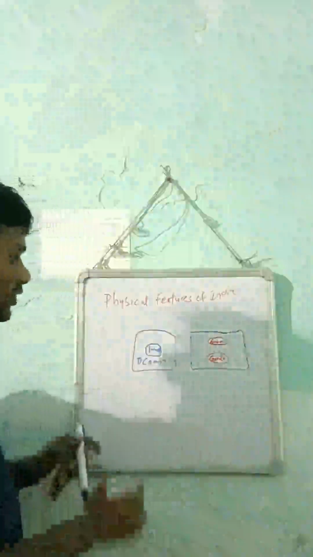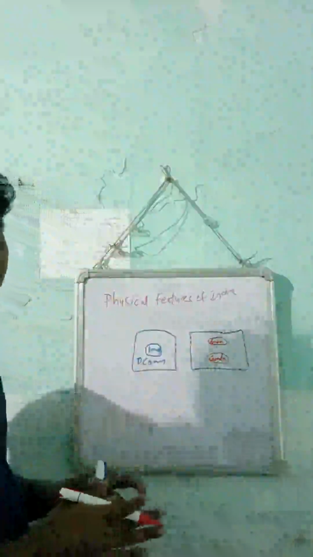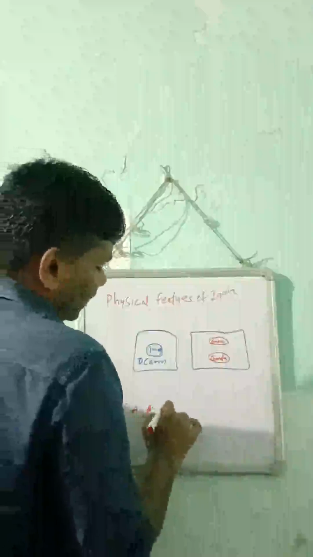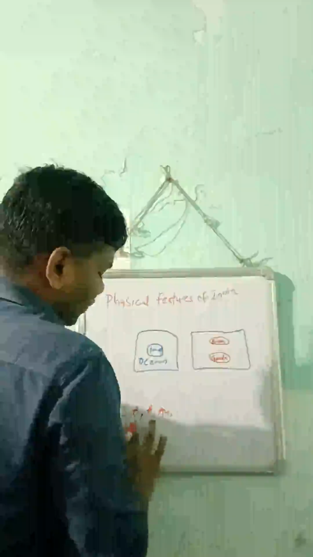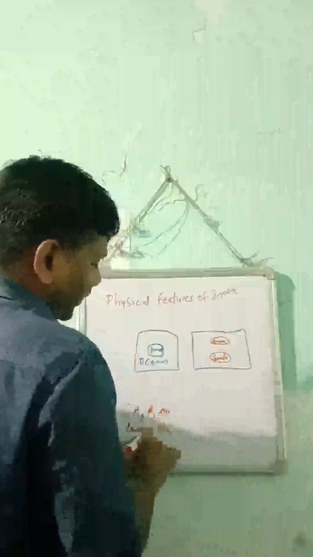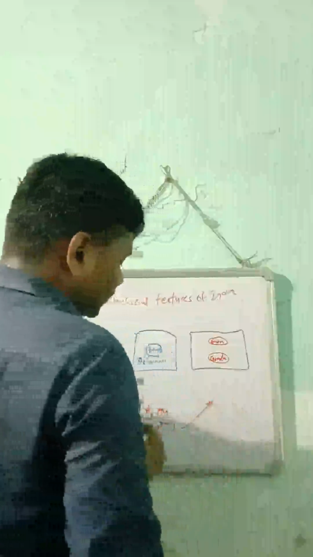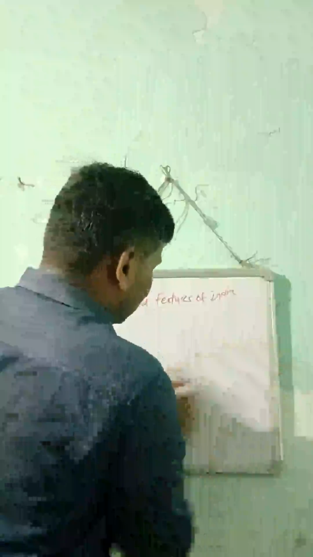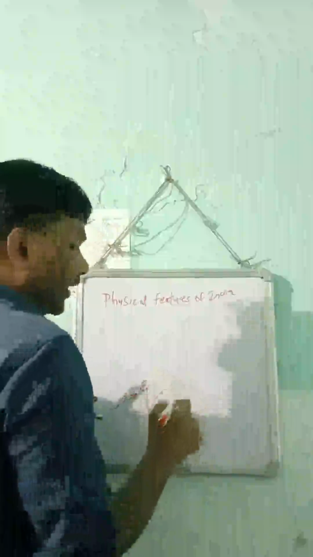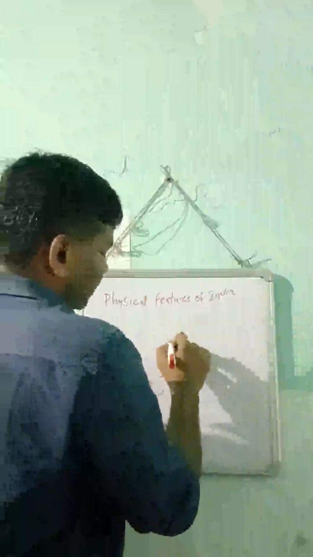After some time, the Gondwana land was divided into different landforms: South America, Africa, Australia, the Indian peninsular plateau land, and Antarctica. During the Carboniferous period, the peninsular plateau moved in a northward direction and collided with the Eurasian plate.